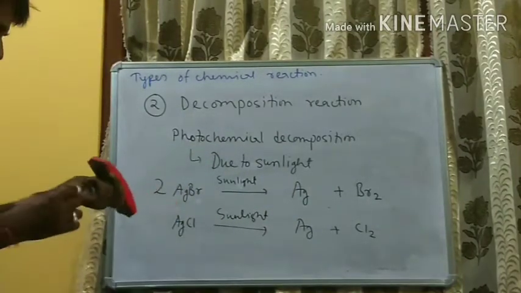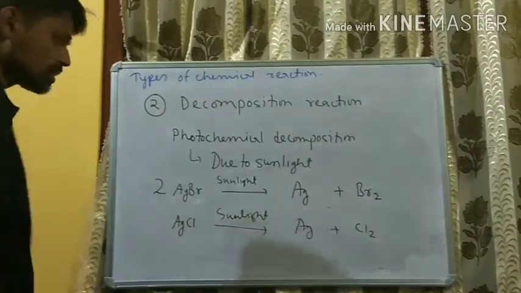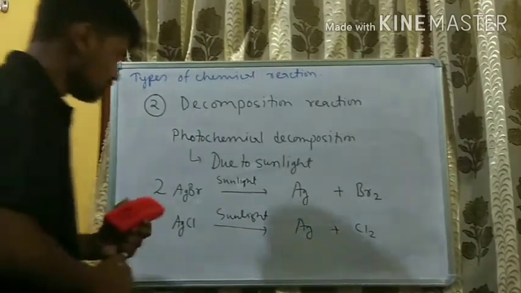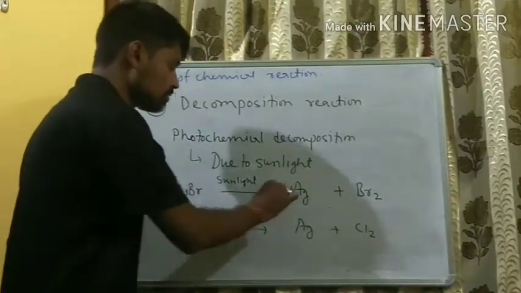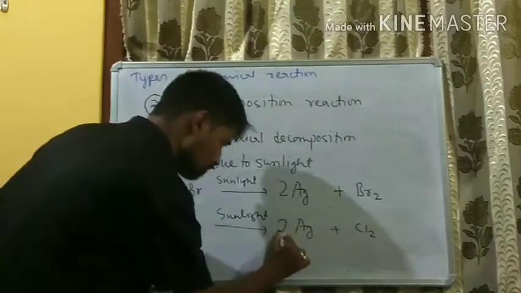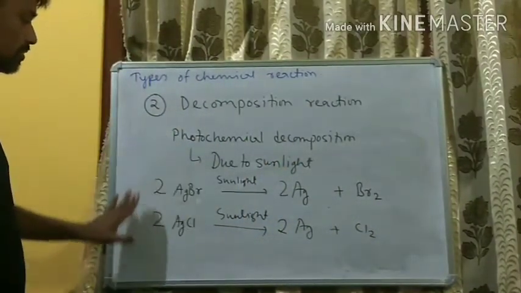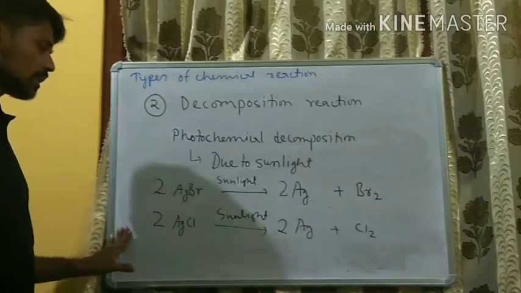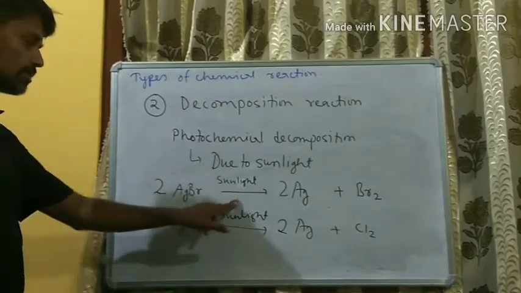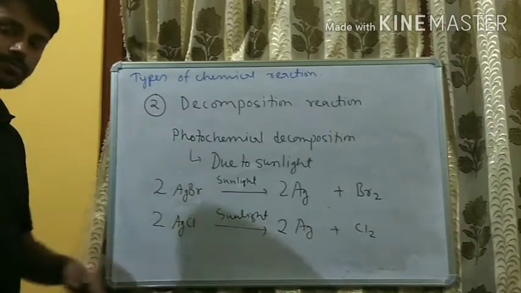As soon as we add 2 before silver bromide, the number of silver is also changed and it becomes 2. So we have to also add 2 here. These are the examples of photochemical decomposition, where we have used sunlight.